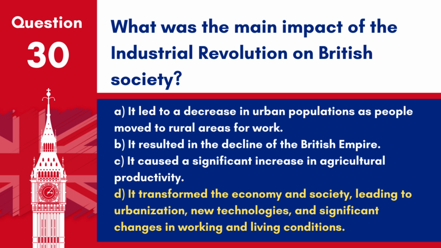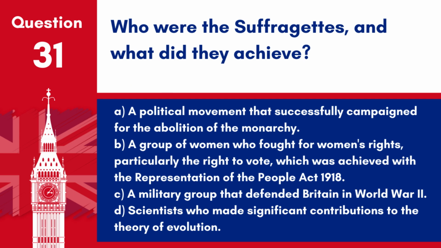Answer: D. It transformed the economy and society, leading to urbanization, new technologies, and significant changes in working and living conditions. The Industrial Revolution marked a major turning point in history, with its effects felt globally. Question 31. Who were the suffragettes and what did they achieve?